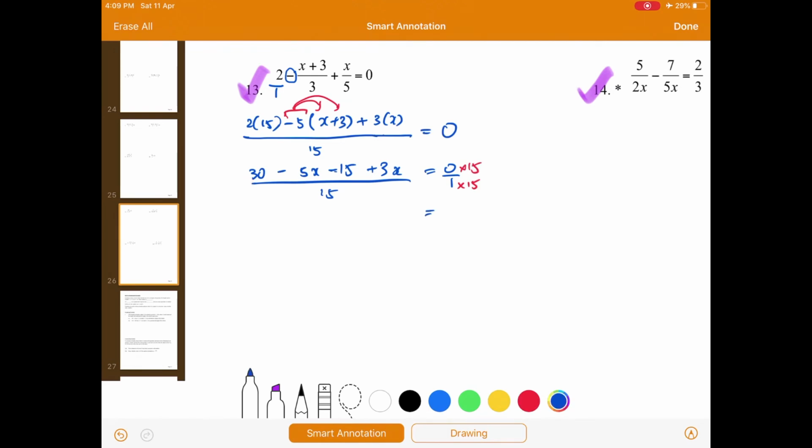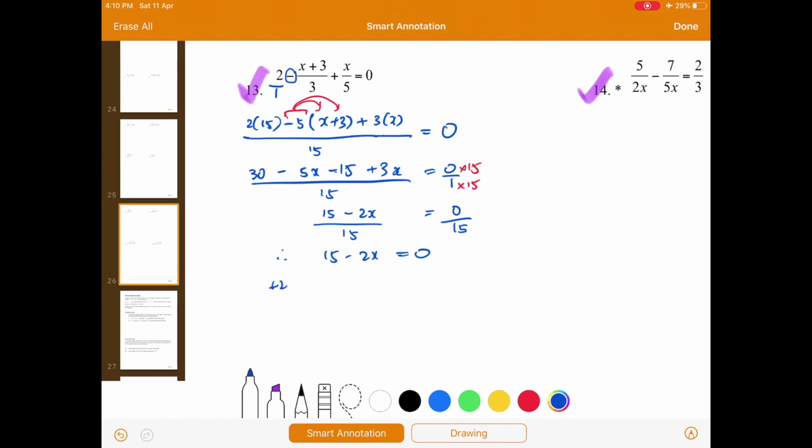So on the right hand side, 0 times 15 is still 0. Denominator is 15. On the left hand side, upon simplifying, you can use the calculator to help you check. 30 minus 15, you get 15. Negative 5x plus 3x, you get negative 2x. So this implies that the numerators are equivalent.